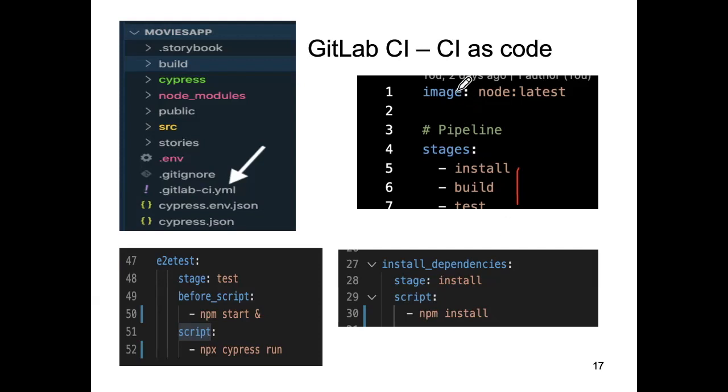And that's the purpose of this very first line in the YAML file. What you're specifying here is a Docker container. I don't know if you've done anything on Docker or not. It doesn't really matter.